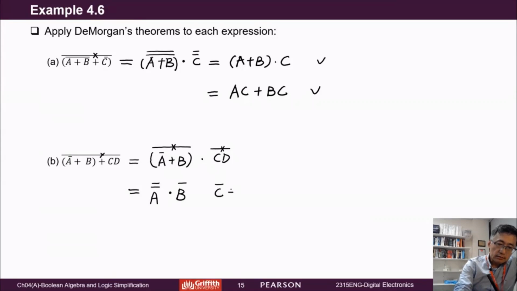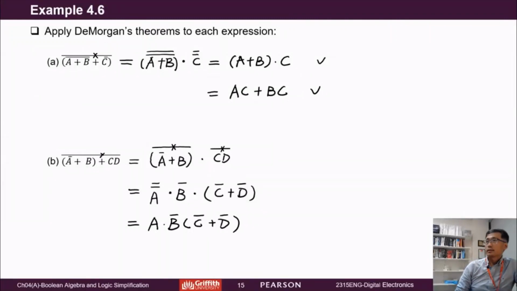C bar plus D bar, and here. Right? Can you follow? Now double bar A will be A. Times B, C, D. So this one is correct. Also, you can break the bracket out. It should also be correct, so this one will also be okay.